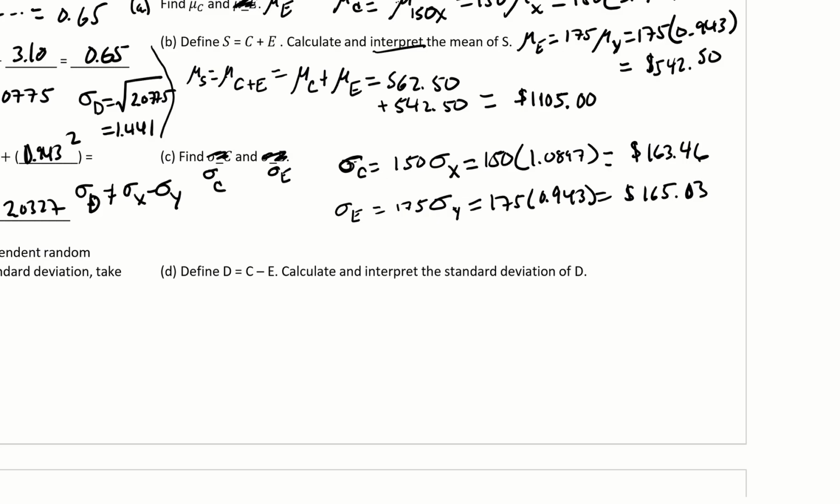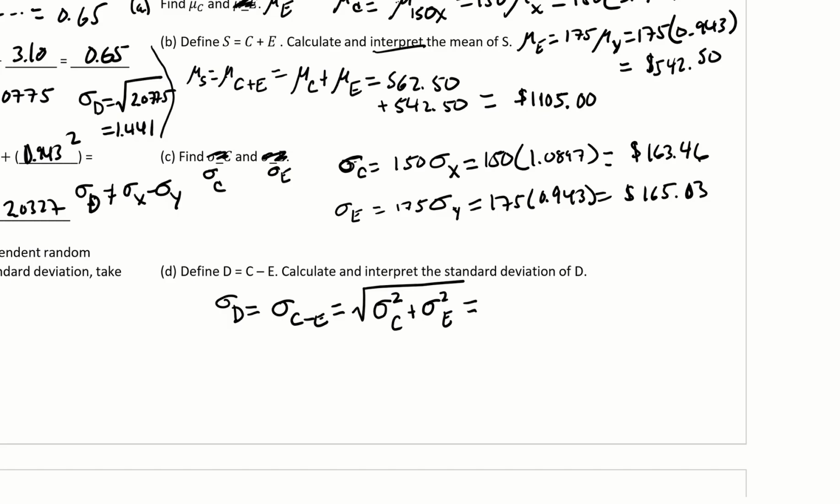All right, so now we're going to do C minus E. We want to do the standard deviation. Again, we're not going to interpret it, we're just going to calculate it. So sigma D, which is sigma C minus E. The formula is, remember, we do the Pythagorean sum. Now, if we wanted to do the mean, we would subtract mu C minus mu E. But here we're doing the standard deviation.